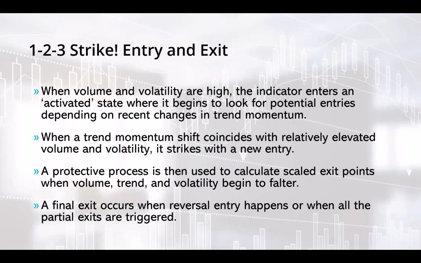And in this case, it needs price to move in the direction of the trend. So volume is high, volatility is high, the indicator goes into an activated state, and then when in addition to this, also momentum kicks in and price starts to move decisively in one direction or the other, an entry signal is flagged. We have a trend entry.